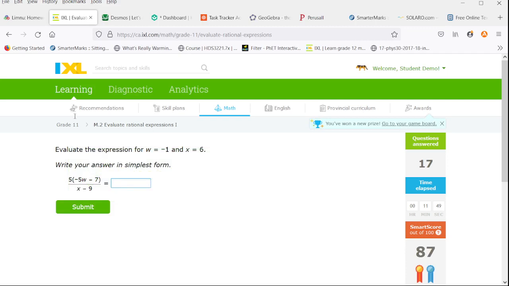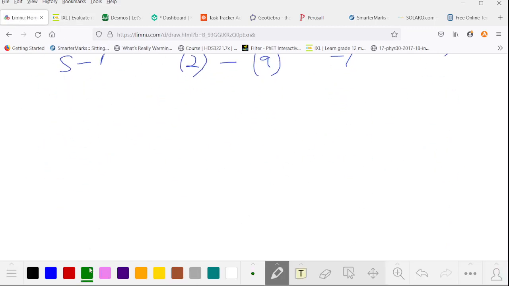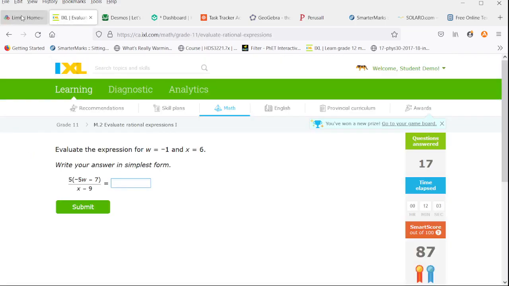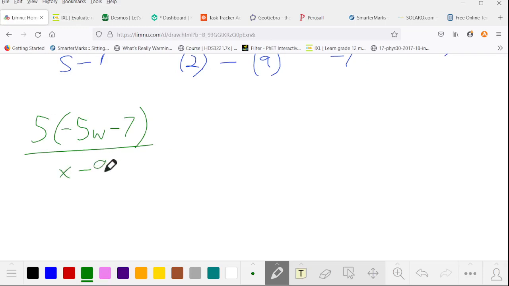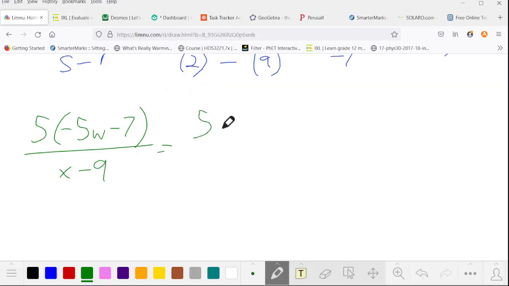So now we have 5 times negative 5 minus 7 over x minus 9. So that's 5 times negative 5w minus 7. I think I forgot to say w the first time. Over x minus 9, where x is 6 and w is negative 1.